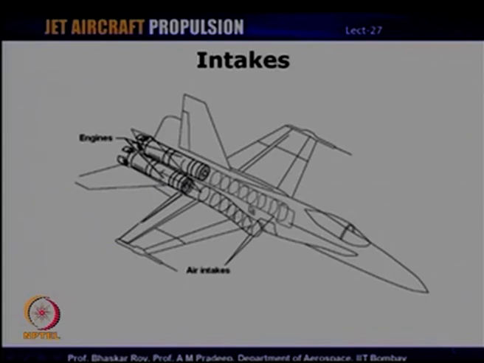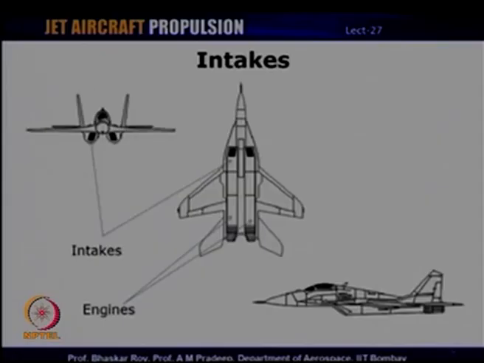And so, this is one configuration wherein there are two intakes on either side of the fuselage delivering mass flow rate to the two respective engines. There could also be configurations where there is only one engine, in which case these two intakes would merge and form a single duct before it enters into the engine.